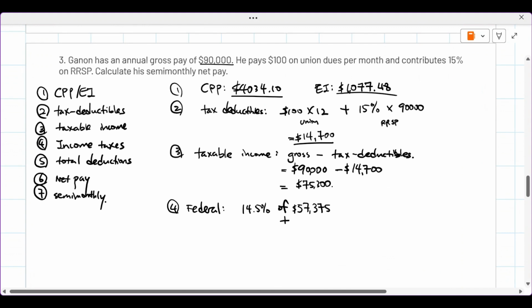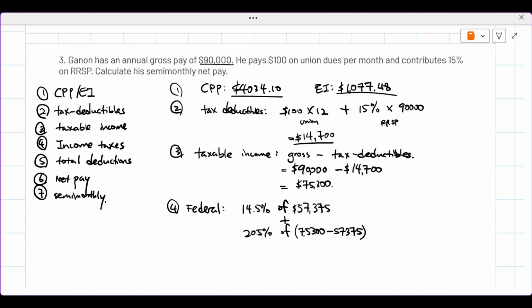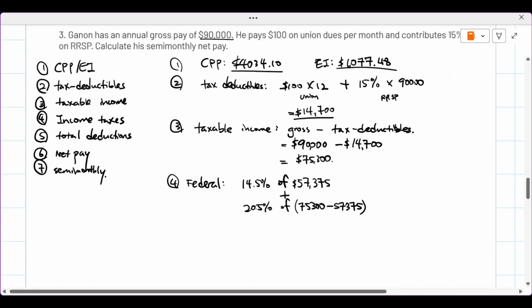So Gannon's income is not that high. So let's find that 20.5% of his taxable income, 75,300 minus the 57,375, to find the portion that is above 57,375.